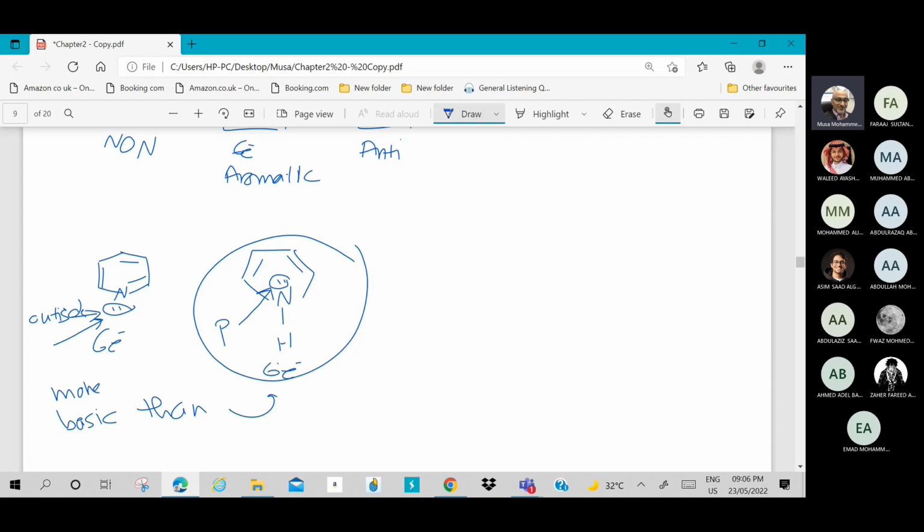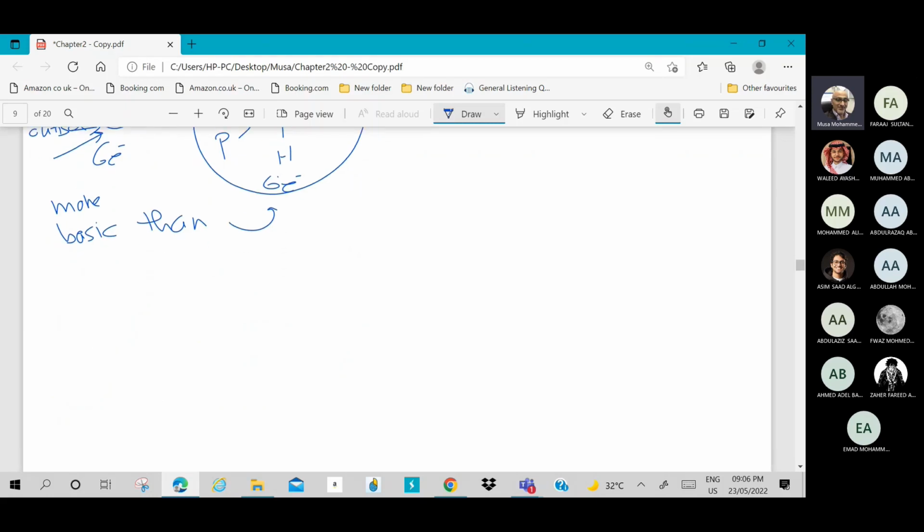So when you say a compound is more basic than the other compound, this means the compound is able to donate the electrons. It has a lone pair or a negative charge that can attack something else. So we see here the left side compound, which is pyridine, is more basic than the compound in the right side. This is related to the same topic.